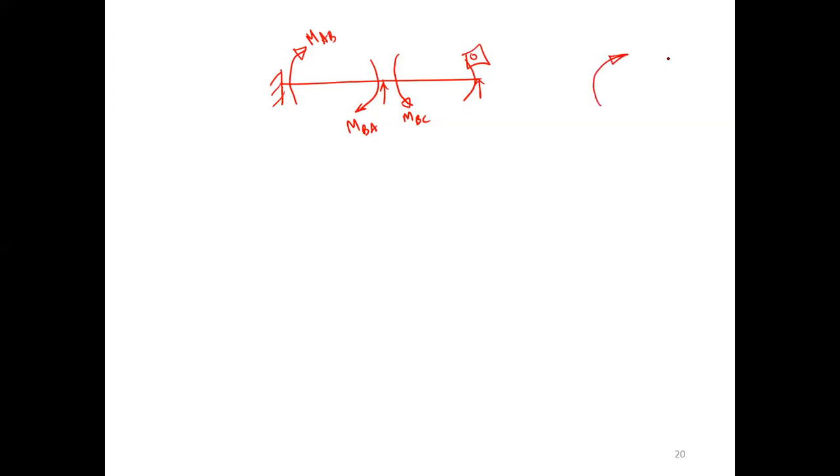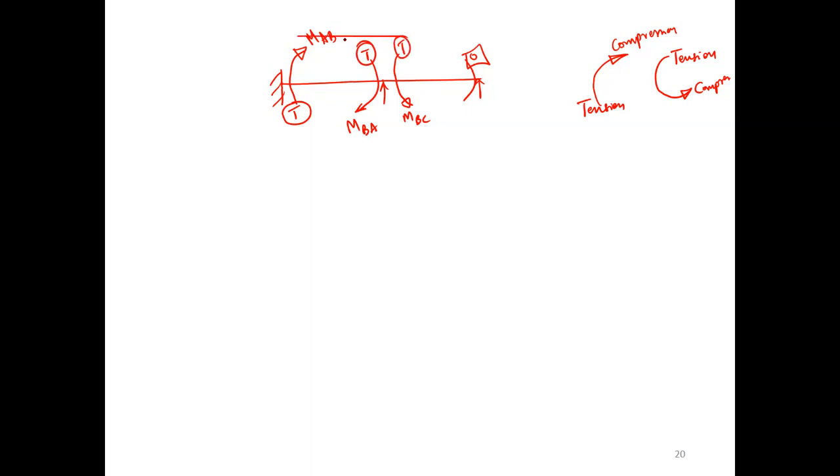Please keep in your mind that if I am representing clockwise or anti-clockwise like this, the arrowhead indicates compression and the other end is tension. So here this is the tension zone, here the tension zone, here the tension zone.